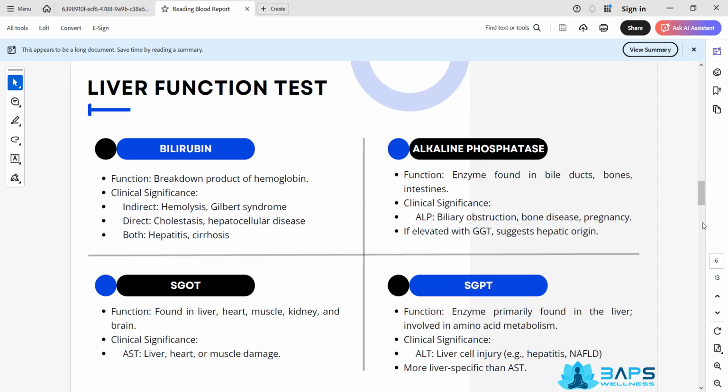For example, if a person who is a workaholic has done heavy workouts in the gym, then if you check, the SGOT may be high. In liver damage, or in case of heart damage also, the OT will be high. In case of PT, it is mainly related to the liver, like hepatitis or non-alcoholic fatty liver disease, that is NAFLD. So it is more specific to the liver than the SGOT.